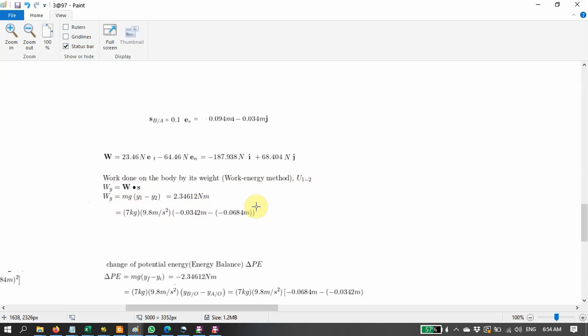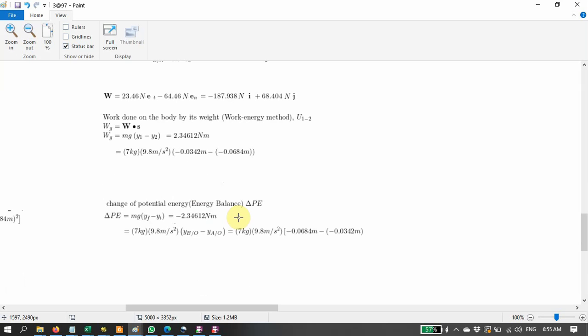This is the detail of the calculation. This one is the first position, the AO position, and this one is the BO position.